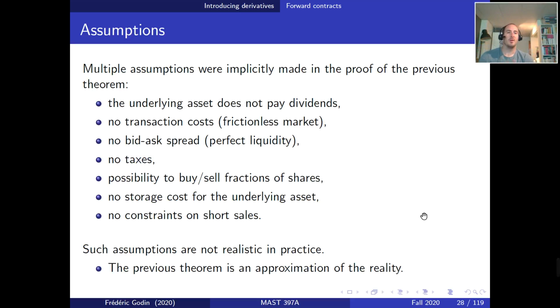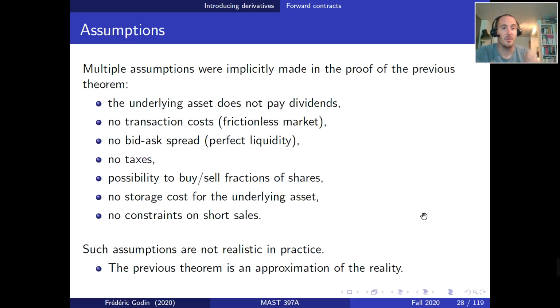Okay, so we've mentioned the storability assumption, but there are other implicit assumptions we've made in our previous proofs. Okay, so we have not yet discussed these assumptions, but these needed to hold if we wanted to set up the portfolios presented in the proof. Okay, so we assume, as we mentioned, that the underlying asset does not pay dividends. We haven't considered transaction costs.